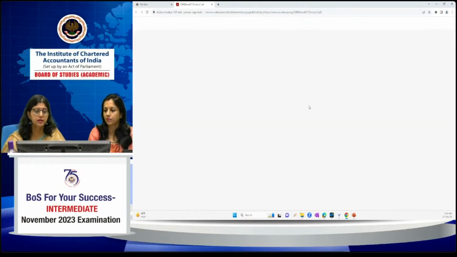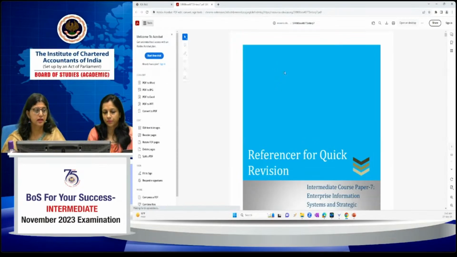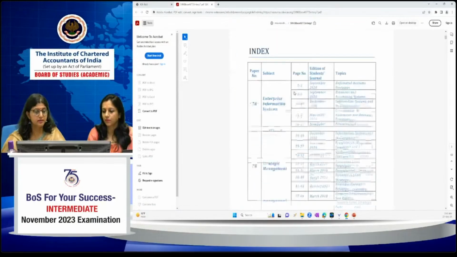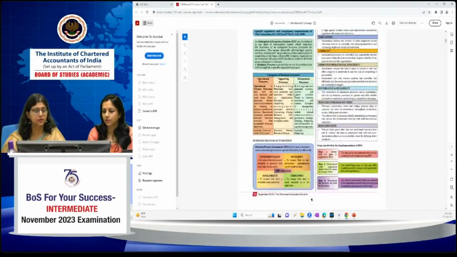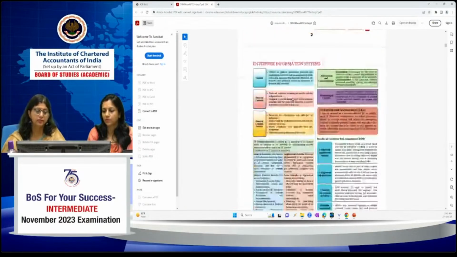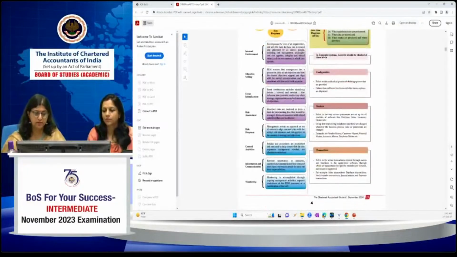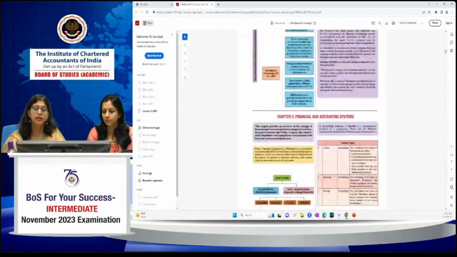So it's available here, and one can quickly revise all the concepts. I think this is the study capsule for Enterprise Information Systems, and here we have given almost all the crucial topics and a brief understanding of those.